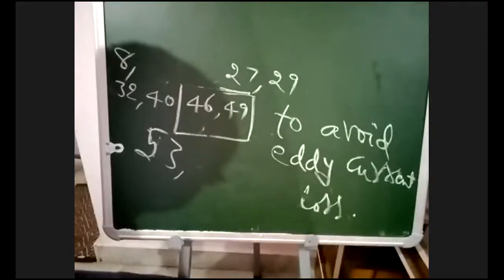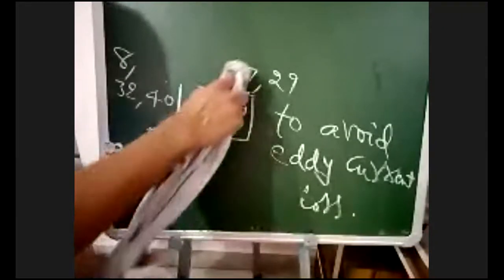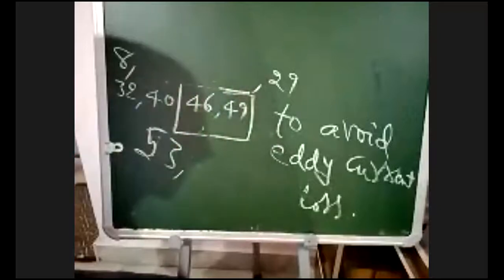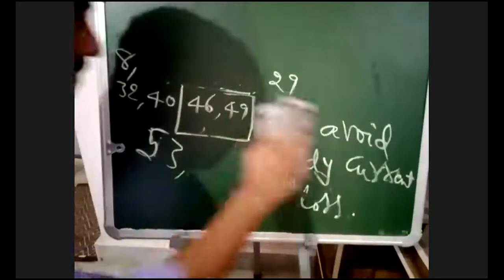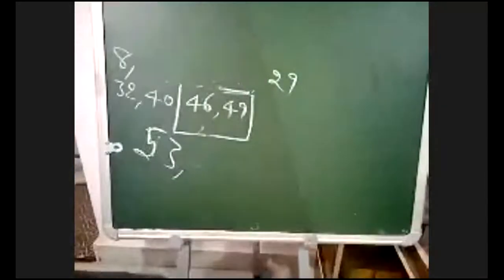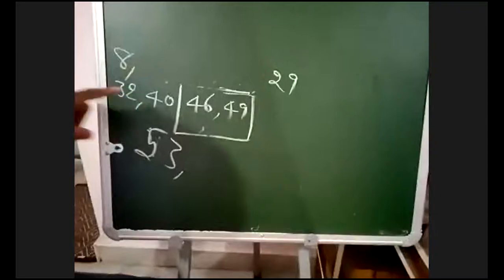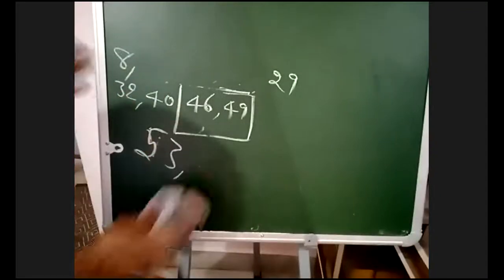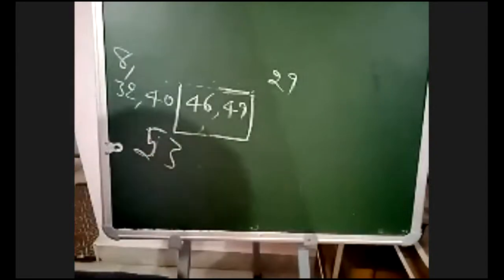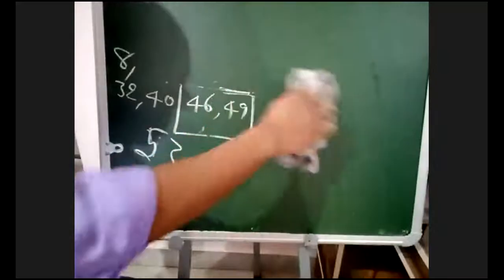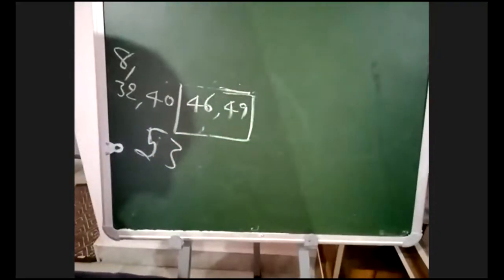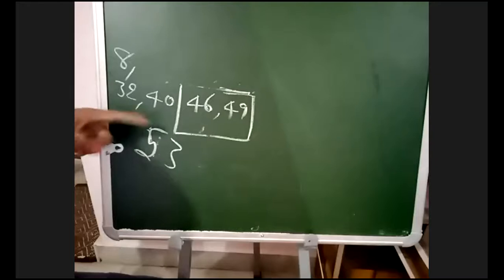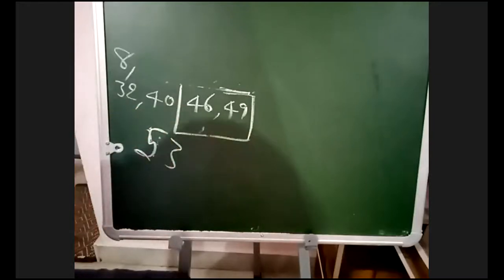Sir, 27 also. Okay. Sir, 23 also, at the end. I have removed 23 on the board. Sir, 29 I'm there. Okay. Only 3, 4, 6 students are absent: 8, 32, 40, 46, 49, 53. Is it okay?